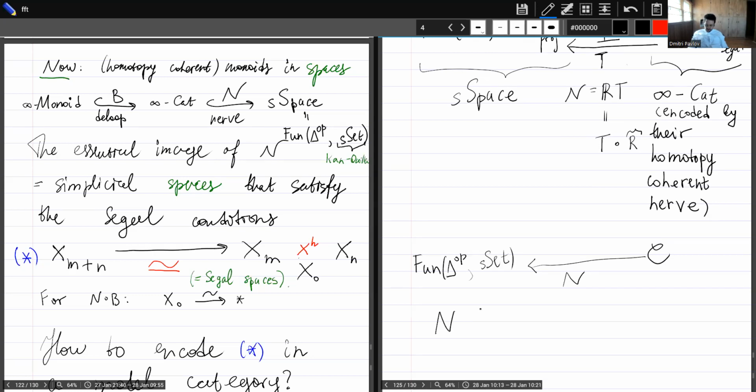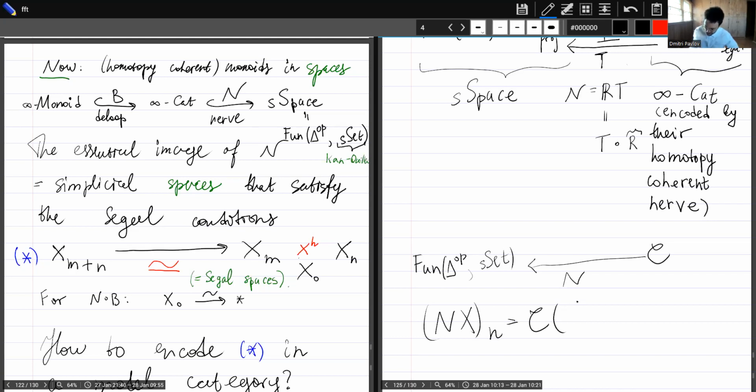Well, the nerve of some object X, its n simplices will be some kind of maps in C from whatever simplicial object, co-simplicial object, sorry.